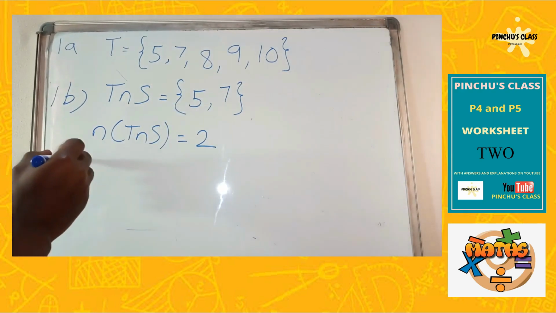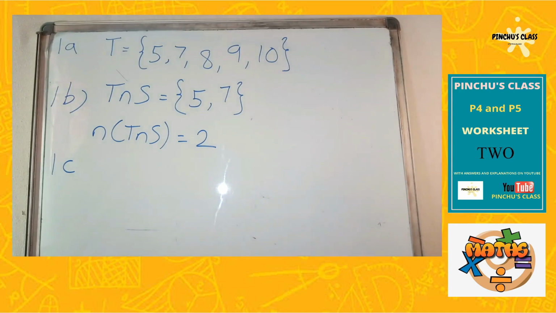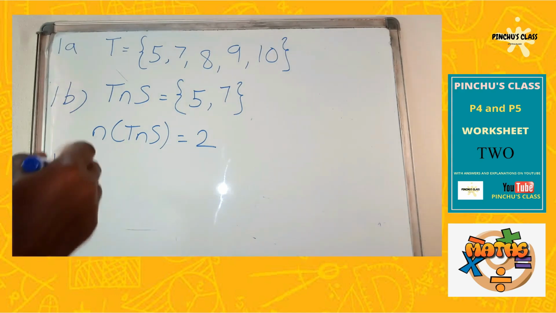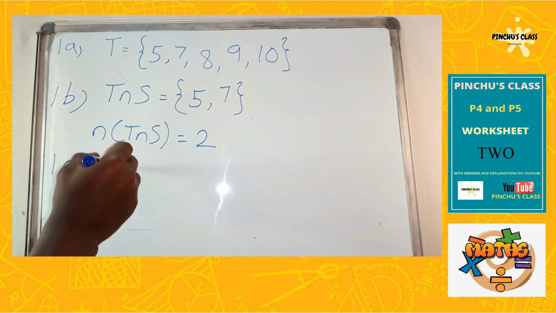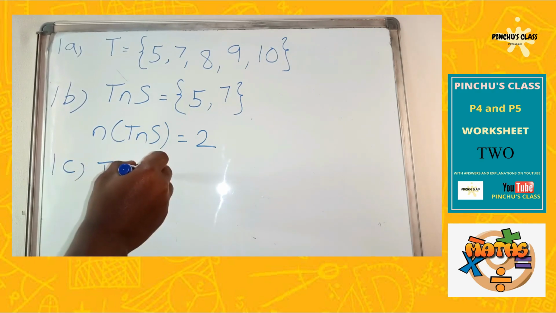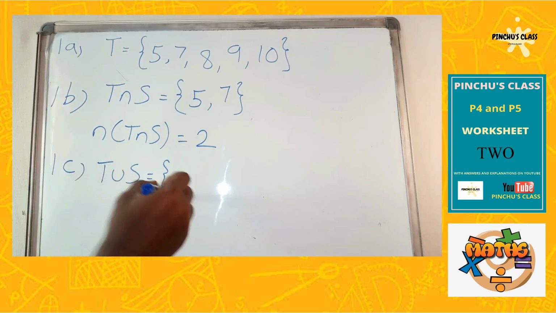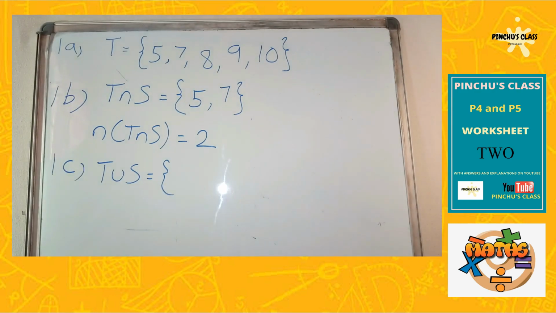Let's go to number 1C. Number 1C, they have told us what is T union S. So when they say what is T union S, in other words, they are telling us to list the members in T union S. So we get all the members from set S and set T together with the intersection part.